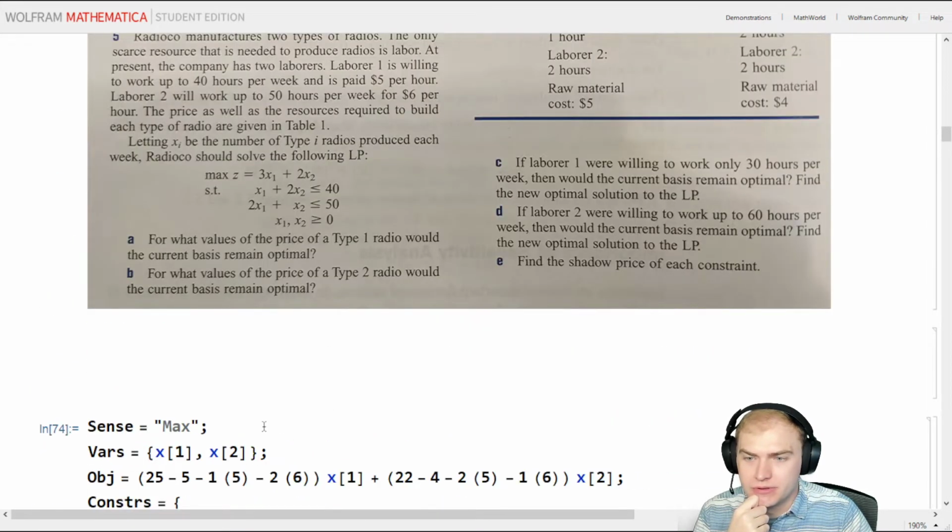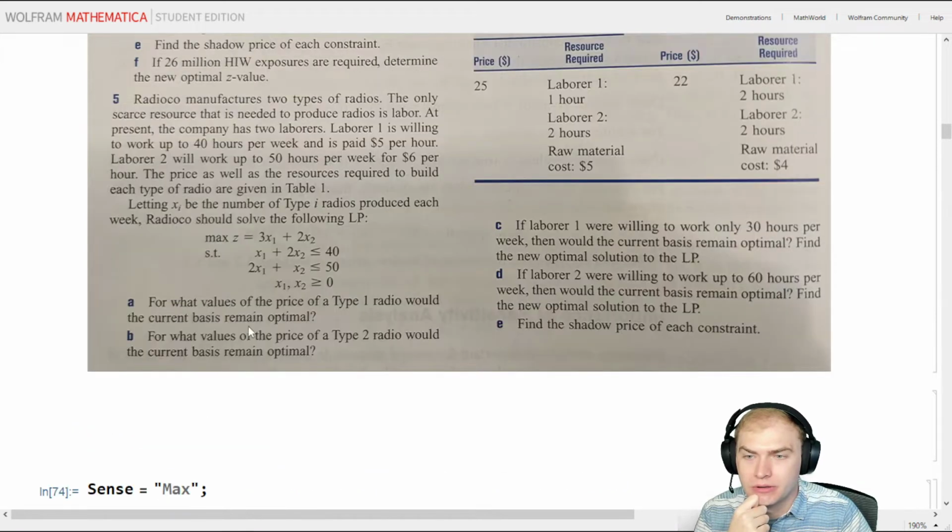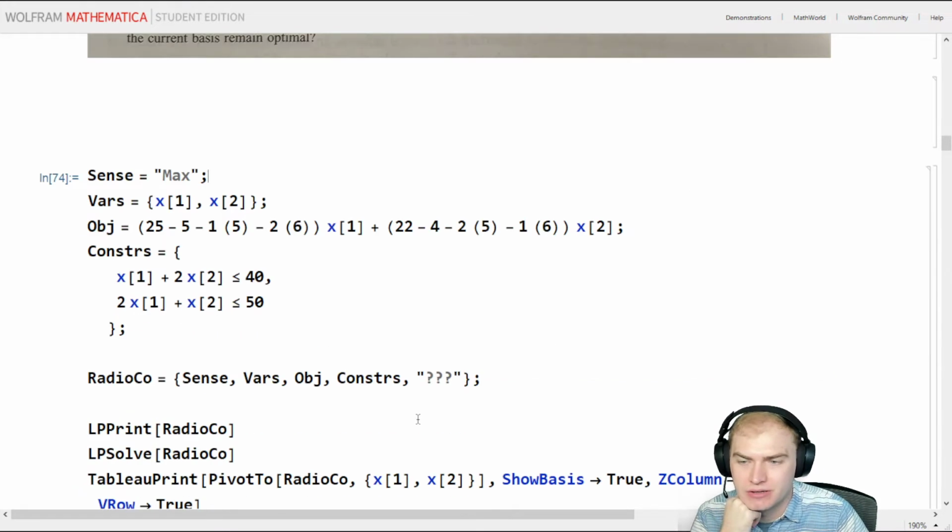So it asks us what is the value of the price of a Type 1 radio. For what values of the price of a Type 1 radio would the current basis remain optimal? That's the first question.